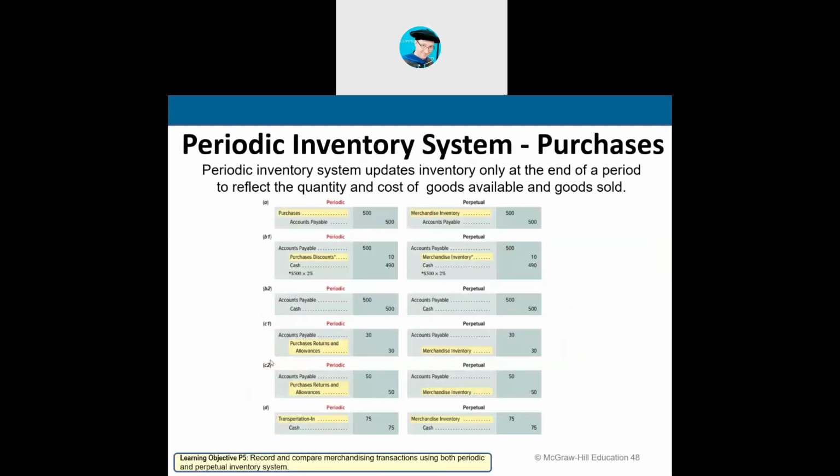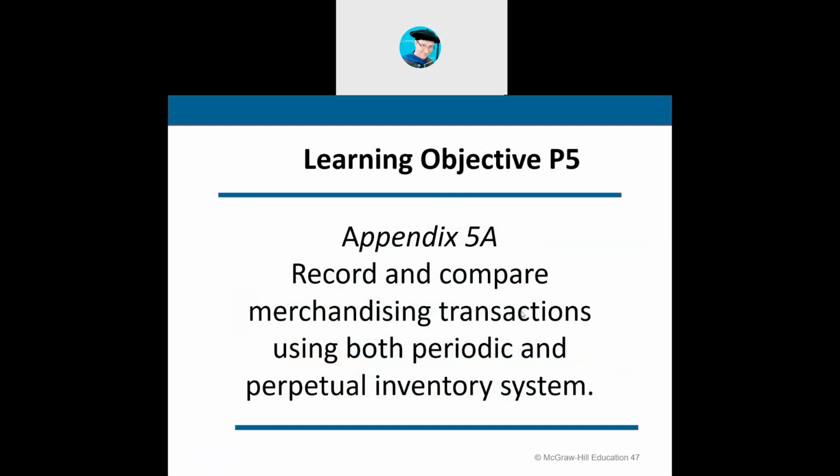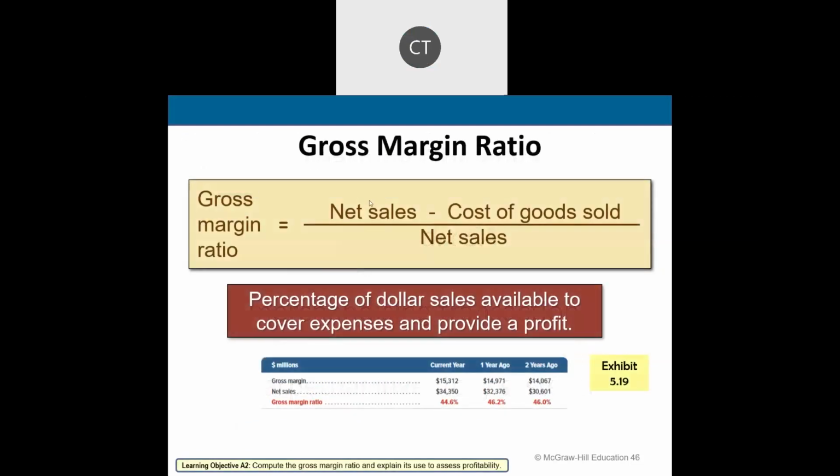Excuse me, Professor. Yeah, please. Why in the gross margin ratio is net sales used twice? Great question. With any ratio, to calculate it, we need what we call a base, and the base represents what we're comparing it to. That's why we have net sales shown twice.